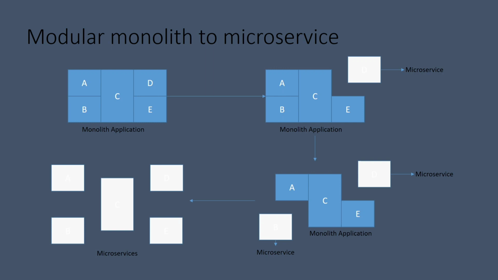As time goes on, more and more microservices are created, and the modules of the monolithic application do not serve any purpose. So this is how we move from a monolithic application to microservices, following the design pattern, that is the Strangler Fig pattern.